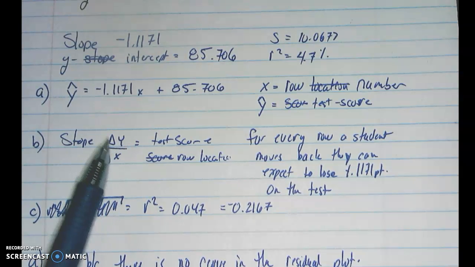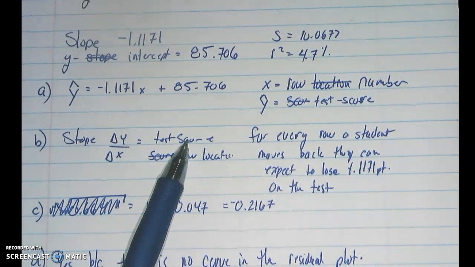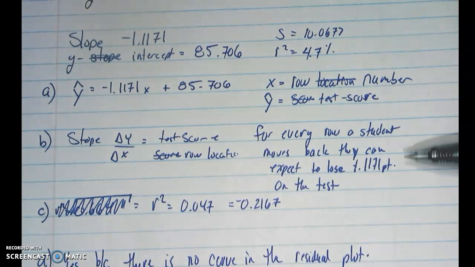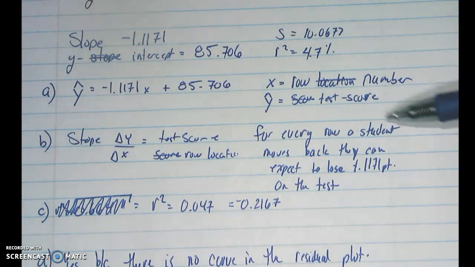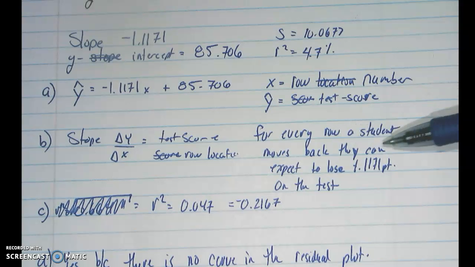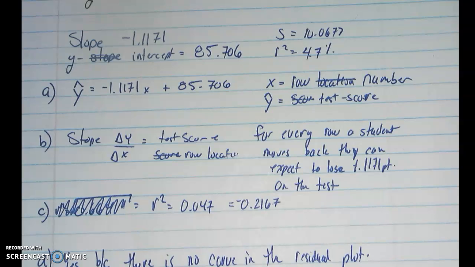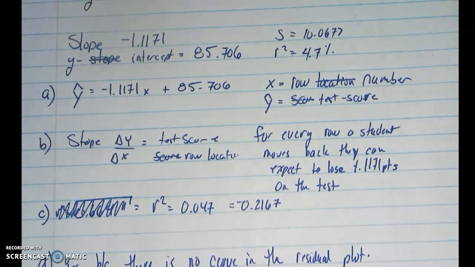If I go change of y over change of x, then I know I can put test score in the y and row location in the x, and then I can just read that like I used to in Algebra 1. For every row a student moves back, they can expect to lose 1.1171 points on the test. That's all I really need to say.